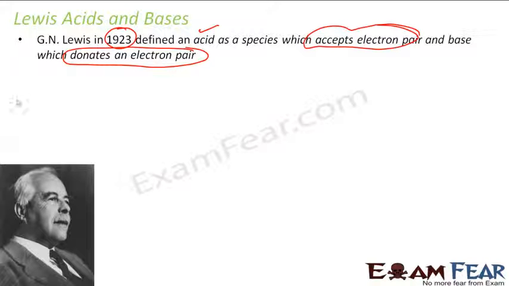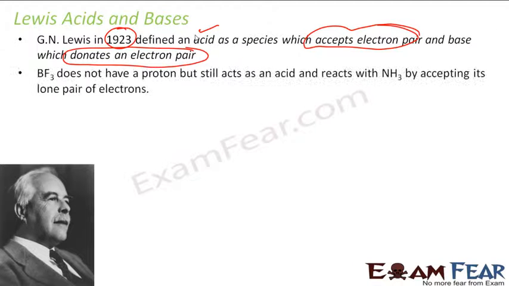Please note, for this chapter we'll be focusing more on the Bronsted and Lowry acid base, where it accepts H plus and OH minus. We'll not be focusing more on the Lewis acid and base, but since we are studying the history of acid and base, we have covered this. The Lewis acid accepts an electron pair, and the base donates an electron pair.